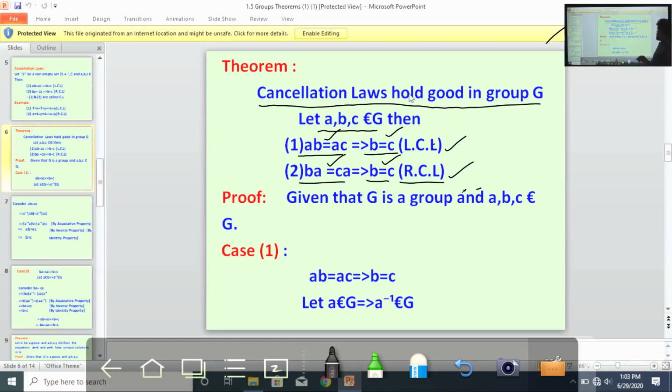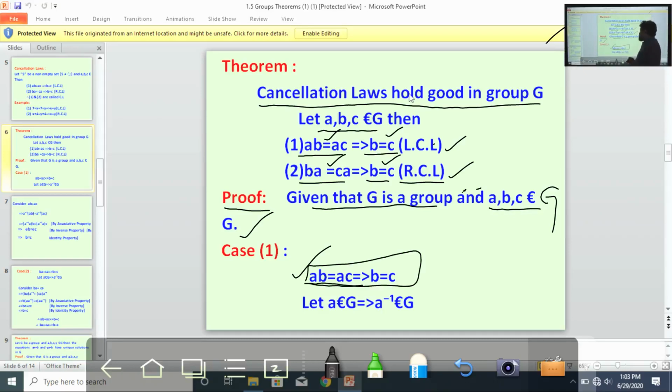Now see the proof. Given that G is a group and A, B, C belong to G. Take case 1: AB equal to AC, then we show that B equal to C. Let A belong to G. Clearly, A inverse also belongs to G. Why?